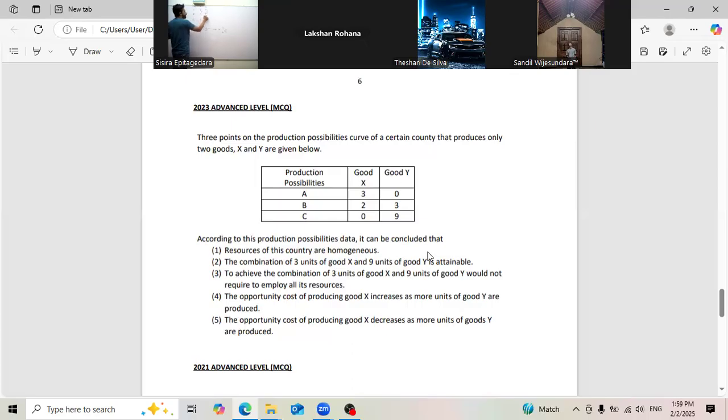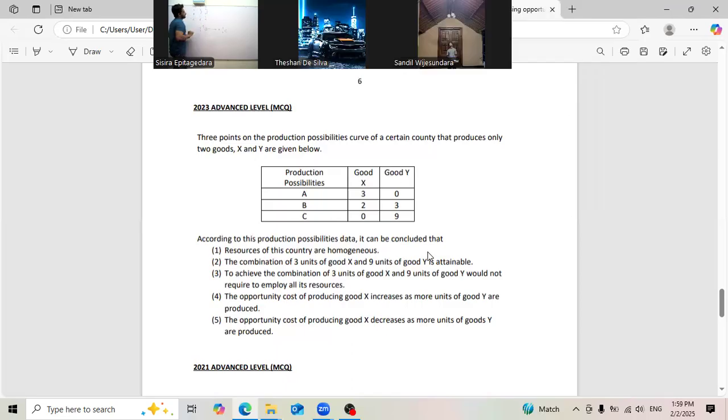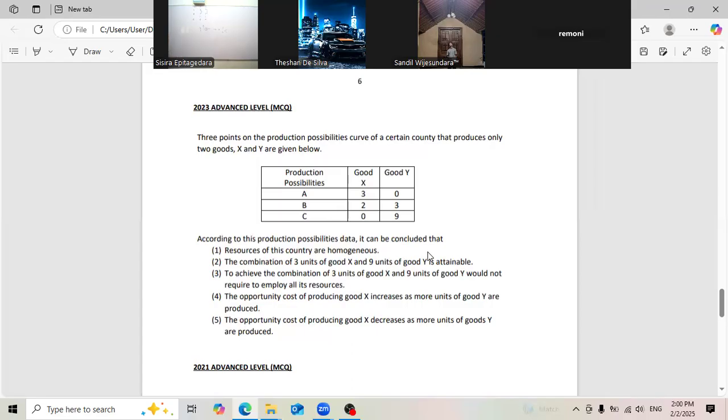It means when Y production is 6 units, X production should be 1 unit. Is that clear or not? Clear, sir.